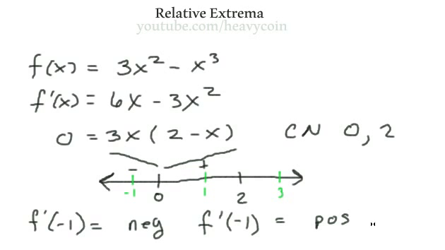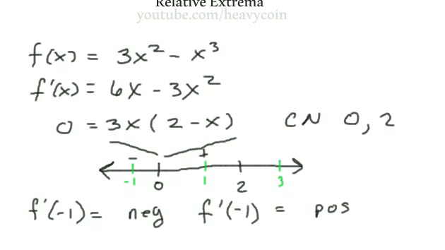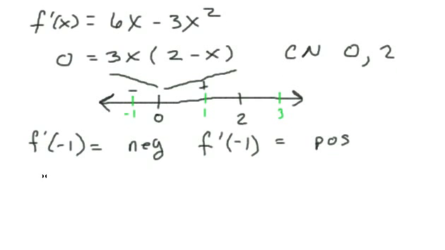And then now we want to plug a 3 in. So f prime of 3, right, so 2 minus 3 is going to be a negative 1, and 3 times 3 is 9, so we're going to have a positive times a negative, and that's going to be a negative number.